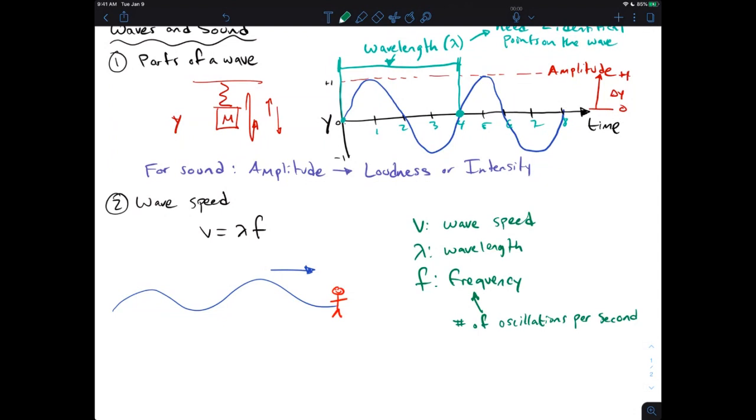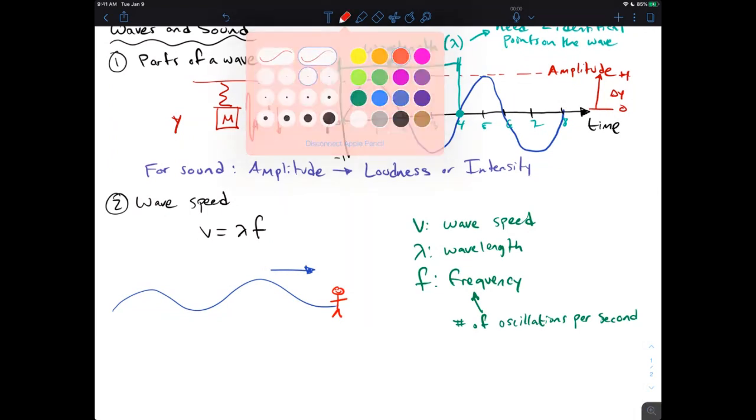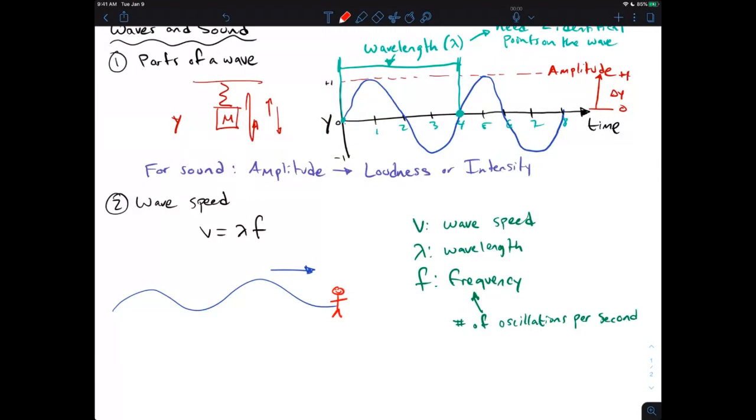So if we have our formula here, I can actually write this out. My wavelength, my unit, remember it's just a length, so it's meters, right? And my frequency is how many times does something happen per second? Now, all I need is just events per second, right? So this is going to be 1 over seconds or hertz.